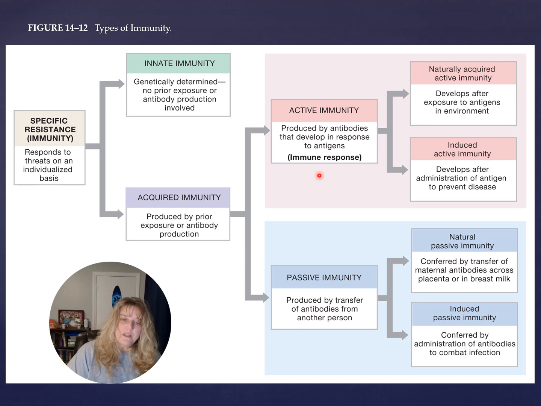And it just can't be that simple. They got to drop it down into two other categories. You either have the naturally acquired active immunity that develops after exposure to antigens within our environment, or you have induced active immunity that develops after the administration, and I think this is the key here, administration of an antigen in order to prevent disease.